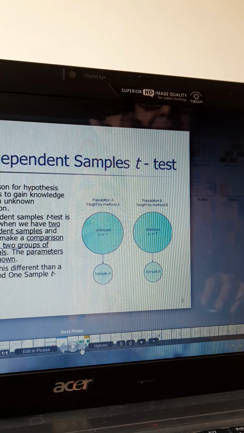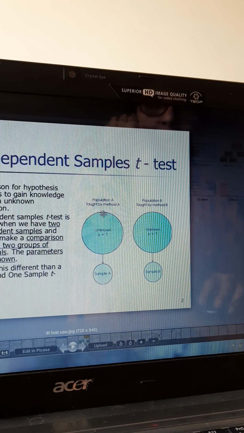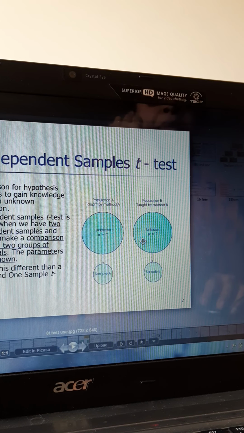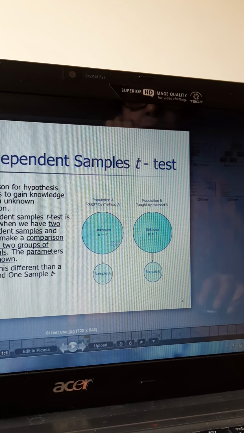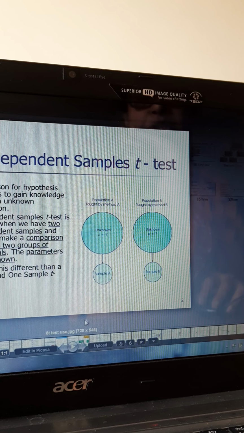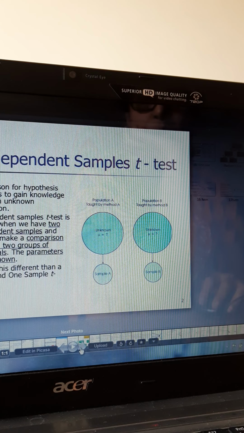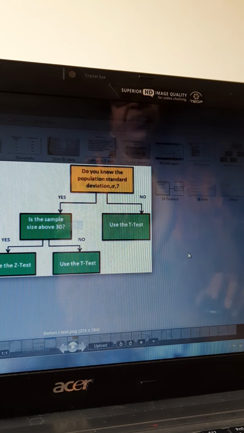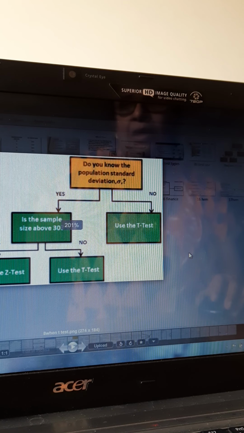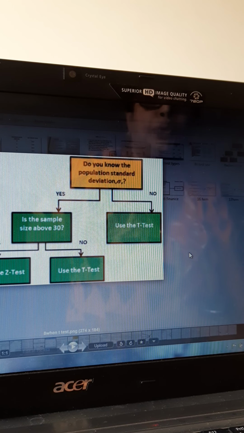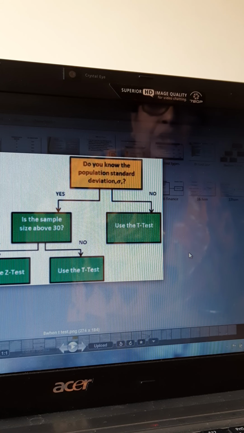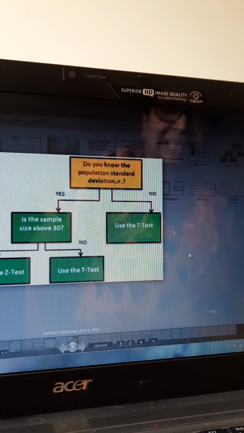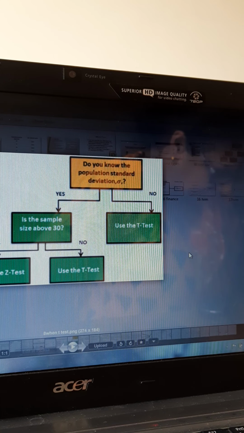So this is where the t-test is used, when the population standard deviation is not known. When do you use a t-test? Do you know the population standard deviation?